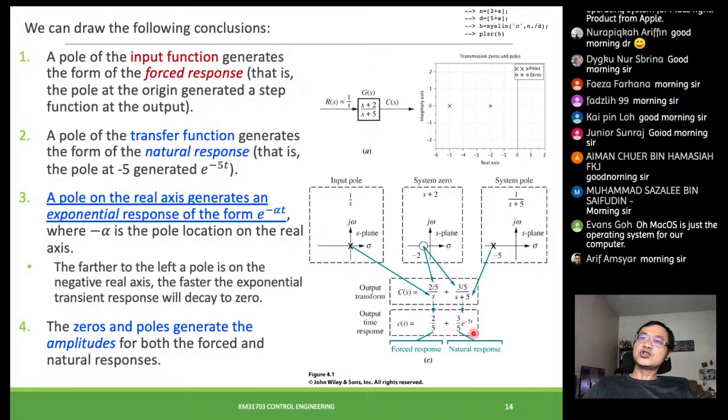If this is first order, you have one term; if you have second order and third order, then you have multiple exponential terms or cosine terms as the natural response itself. Then the zeros plus the poles will tell us the k values, the amplitudes for both of these.